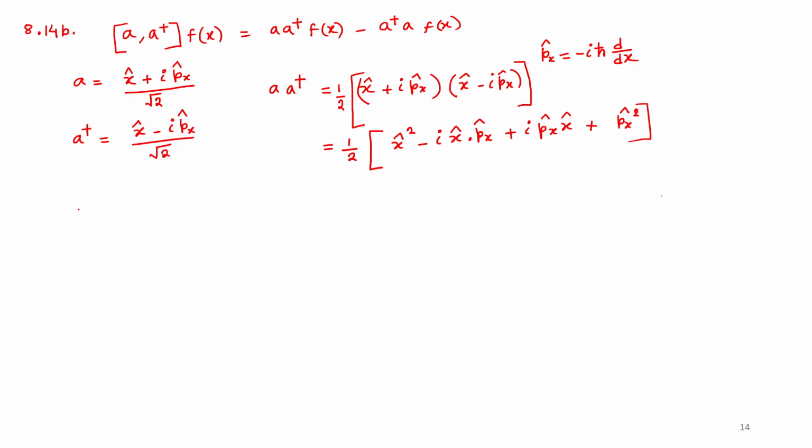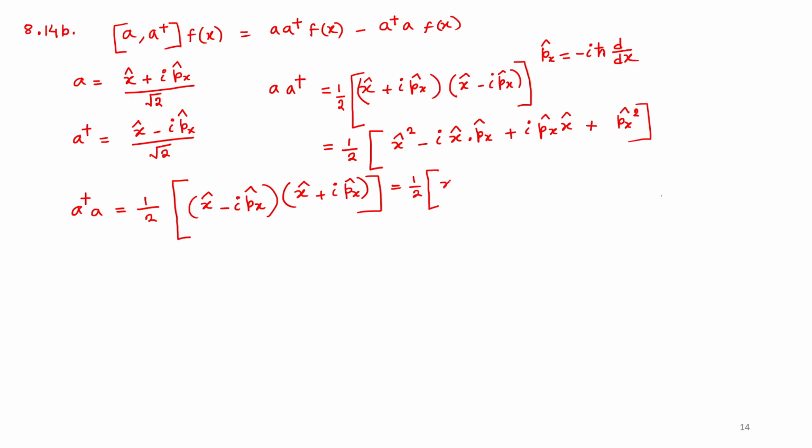And what about the other part, a dagger a? Similarly, 1 by 2, (x minus i px) times (x plus i px). So that is actually 1 by 2. First it will be x square.